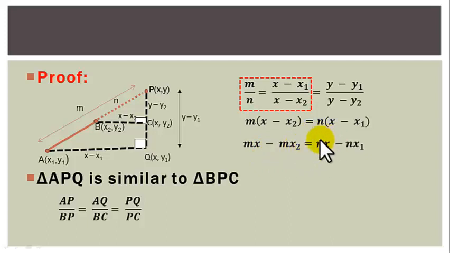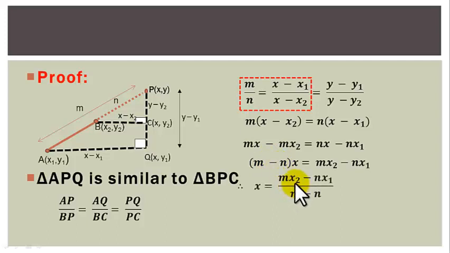Taking nx to the left and minus mx2 to the right, we have this: m minus n into x equal to mx2 minus nx1. Now, dividing both sides of this equation by m minus n, that will give us x equal to mx2 minus nx1 all over m minus n.